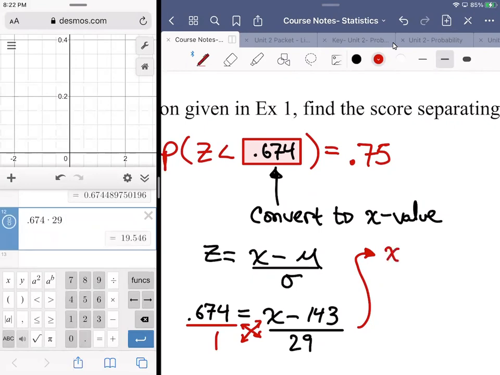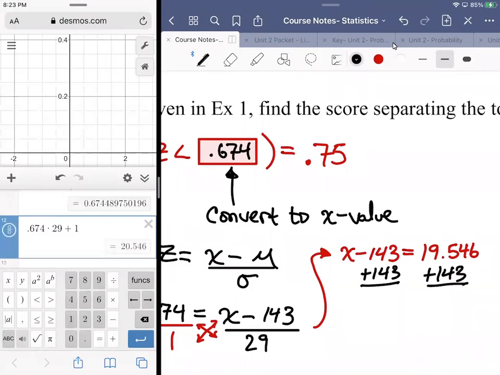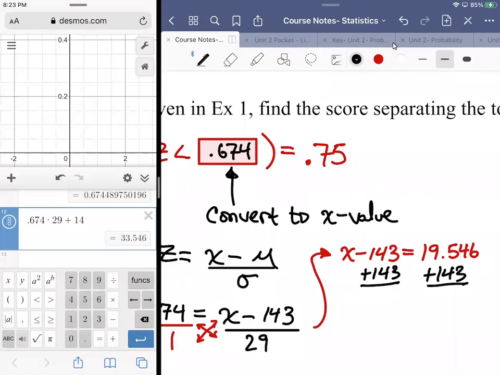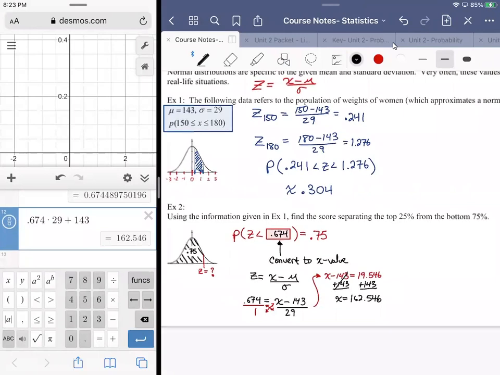So we have x minus 143 is equal to 19.546. And then I would add on the 143. And I would get a result of 162.546.